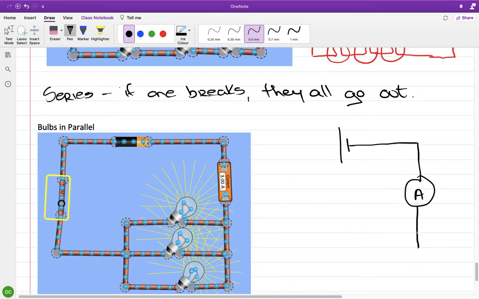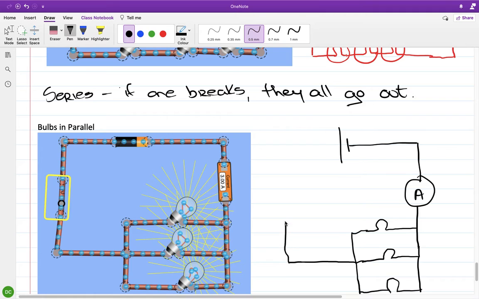It's drawn slightly differently. Okay, so here's my first path and my bulb, second path, bulb, sorry, I'm going to do them backwards here, third path, bulb, okay, and then those paths recombine and they go up here.